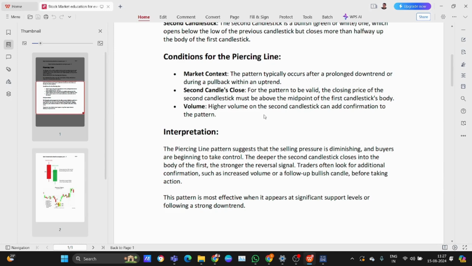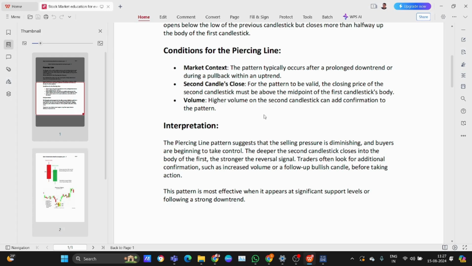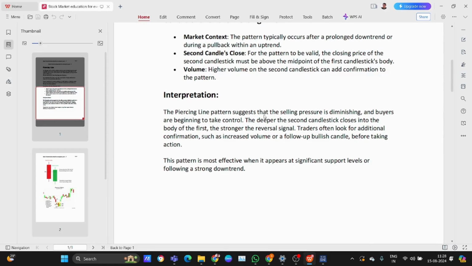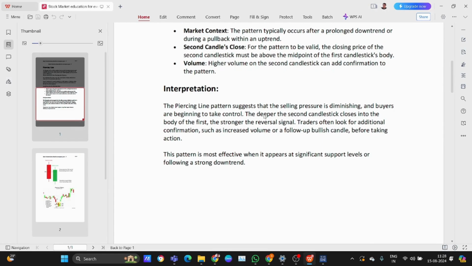Second candle: for the pattern to be valid, the closing price of the second candle must be above the midpoint of the first candle's body. Volume: higher volume on the second candle can be added confirmation of the pattern.